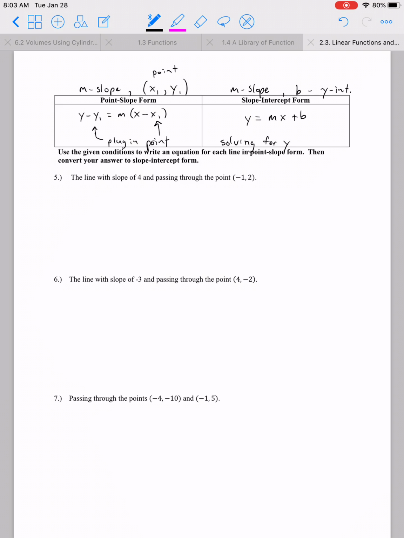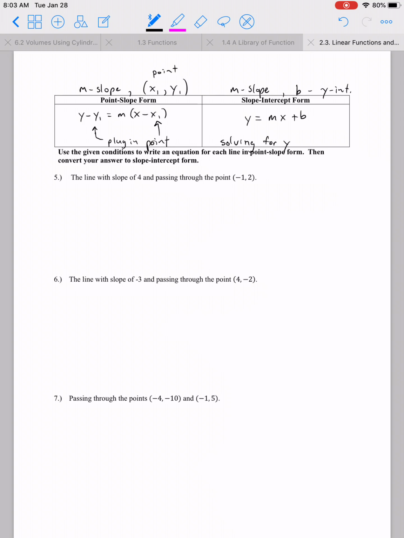All right, and so that's a nice little form that you can get it in as well. It's also a form you can go to directly. If you have a slope and a point, you just have to do a little bit of algebra. You have to plug the point in, basically plug in x is 0 and solve for what the y-intercept is after you get the slope in, and it can be a little more time consuming, but it can be gone to fairly directly as well.